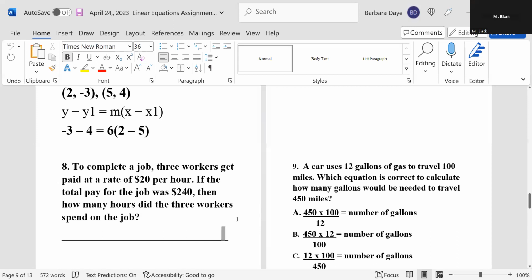Question: the total amount of money, that's 240, is that for the three persons? Yes, the total pay for the job. Okay, for the 3 workers, to complete a job, 3 workers got paid. So that job was 240 paid to those 3 workers who worked at a rate of 20 per hour.